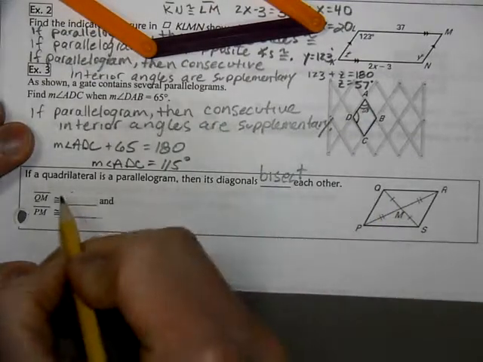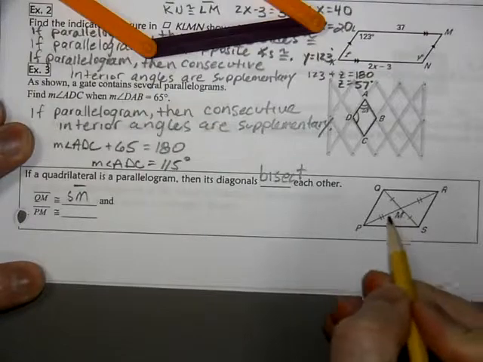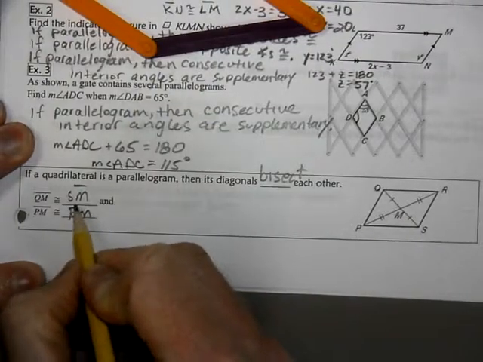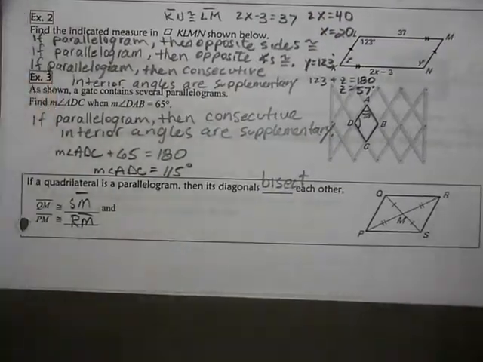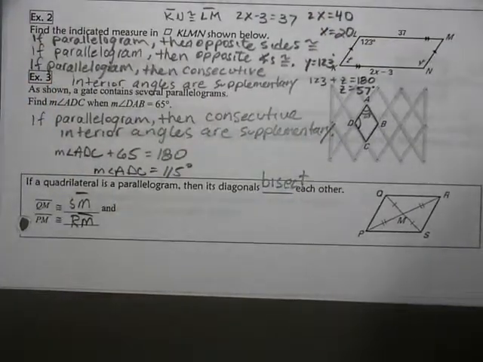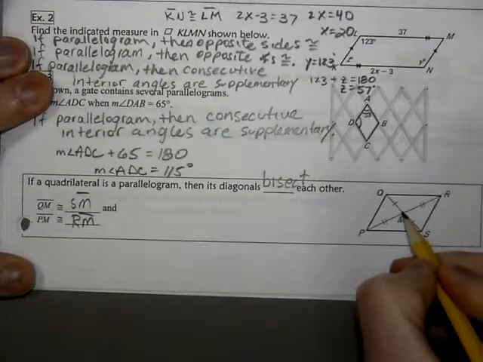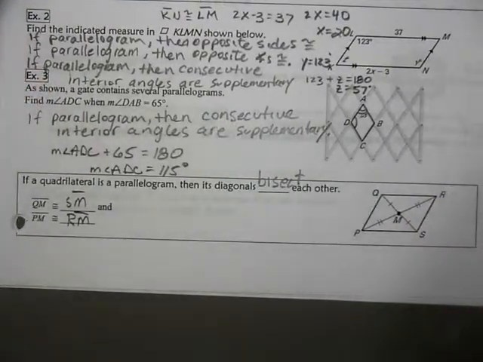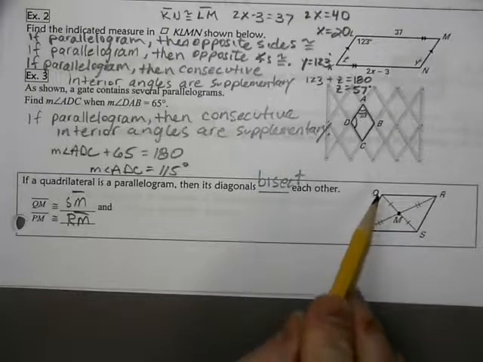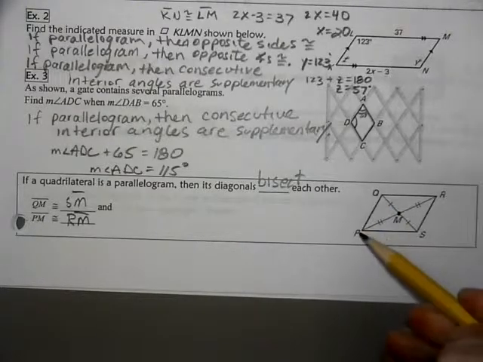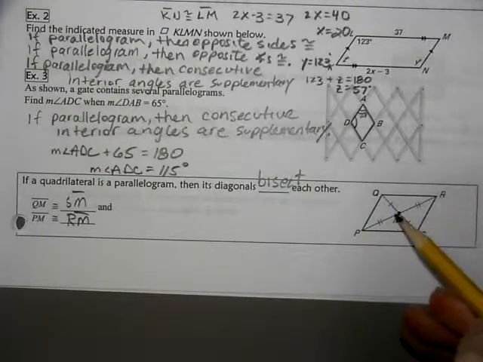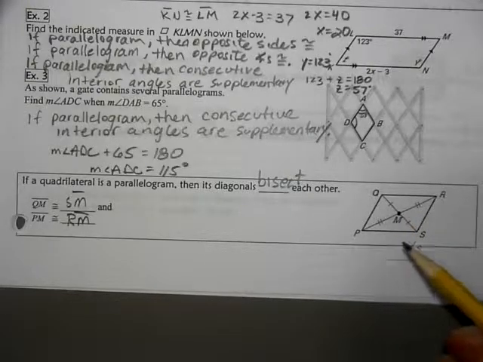So QM and SM, PM and RM, they're going to be congruent. So if they're bisecting each other, what is this point? That point, if you're looking at QS, is halfway in between. We call that the midpoint. Or for PR, it's also the midpoint of PR. So that point is the midpoint of both of those diagonals.